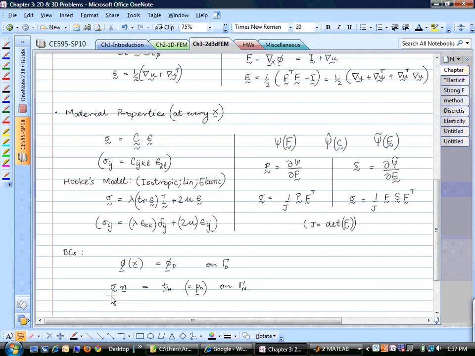The other condition says that the Cauchy stress applied to the normal vector of your domain has to be equal to the given traction or given loads that are acting on your structure. This is gamma d, which is the displacement boundary, and gamma n, which is the specified traction boundary.